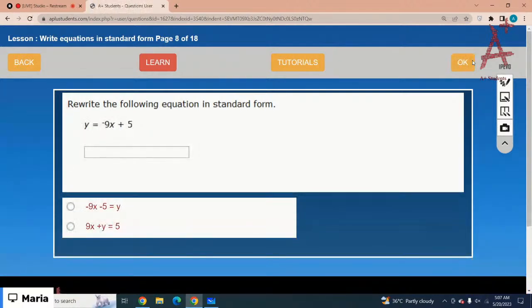Okay, y equals negative 9x plus 5. So which is the correct option? Move negative 9x to the other side. So it would be 9x plus y equals 5. The correct option is 9x plus y equals 5.